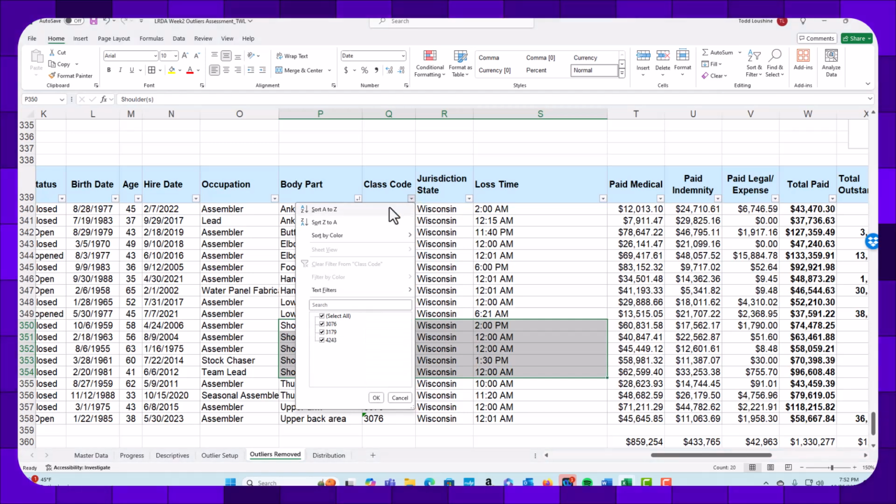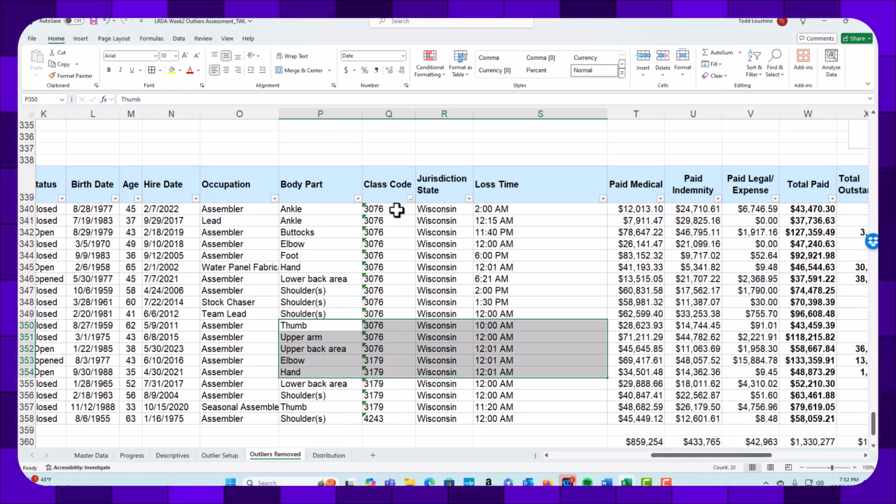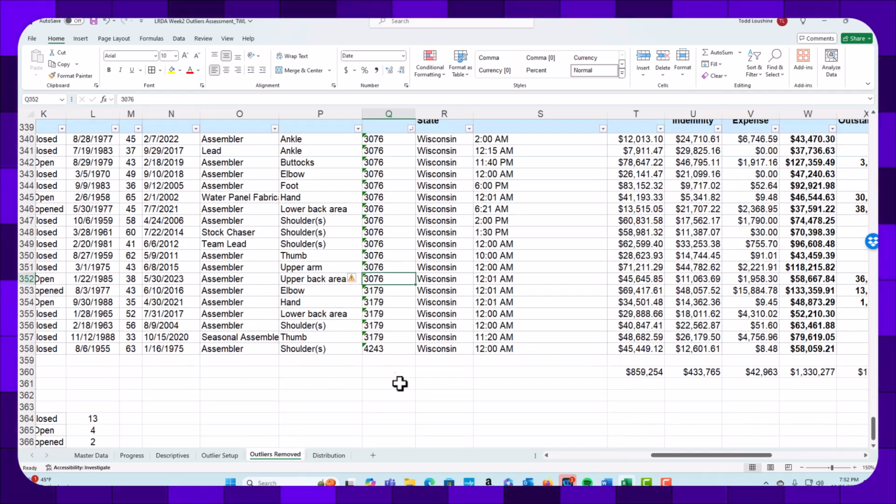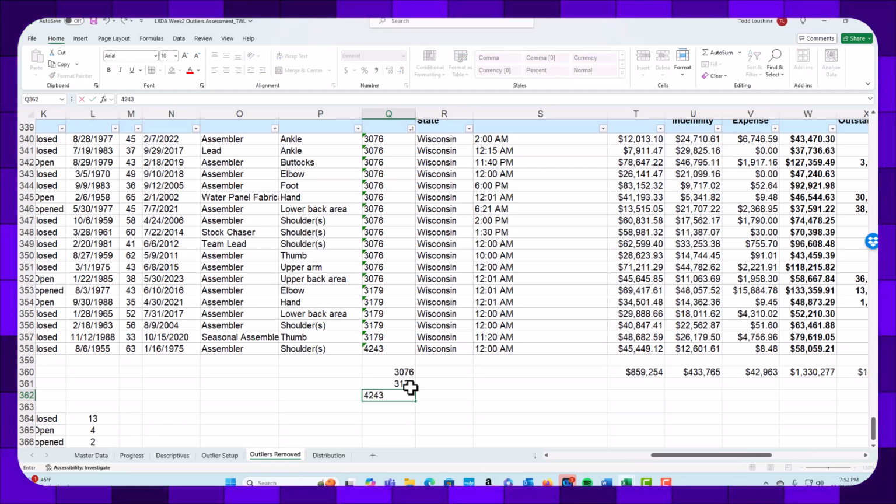And class code. We'll talk about this next week, you guys. 3076 to right there, 3179. Okay, this is interesting. We will be looking at this. We'll be sorting the data by this, and we'll see how much that matches up.